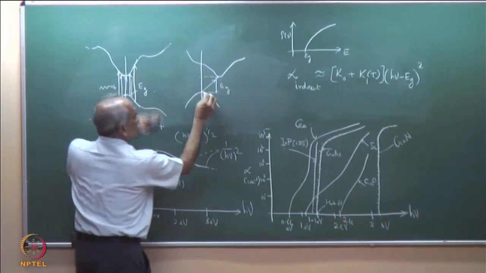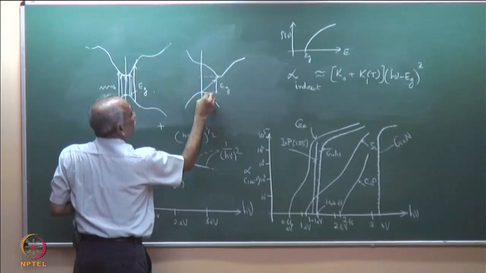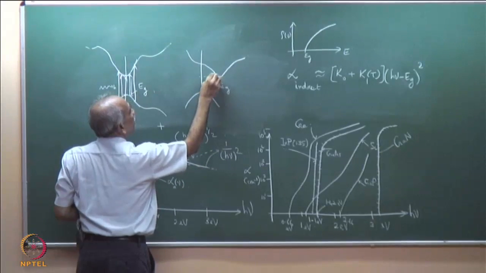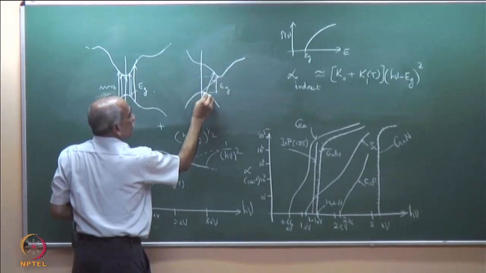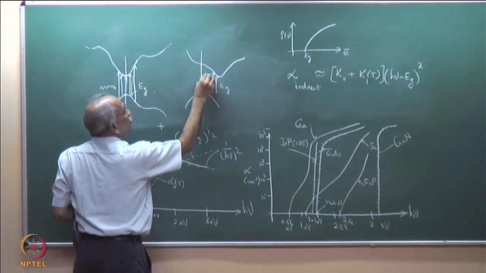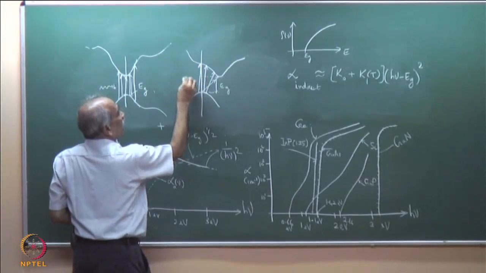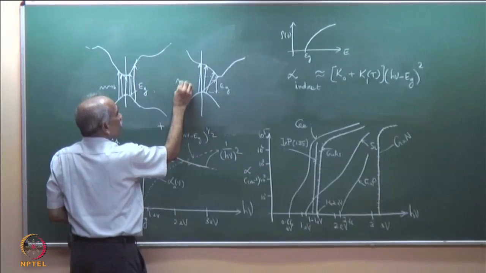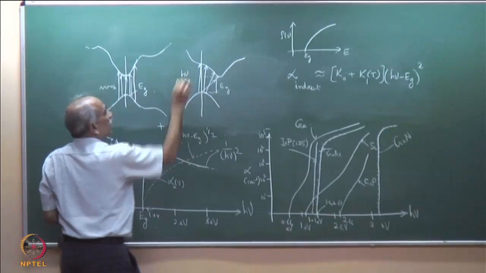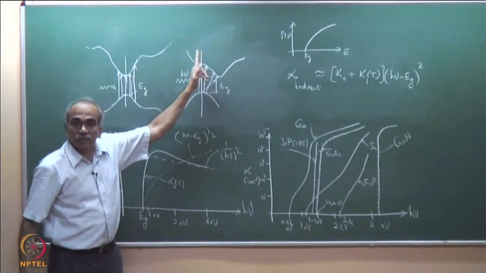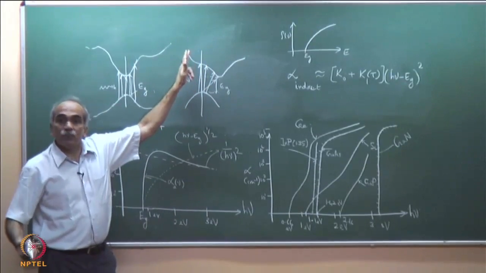However, as the energy increases, please see, if I have a slightly higher energy, then this may make a less oblique transition. If I have even higher energy, this will make almost vertical transitions. As h nu increases, as the energy of the photon increases, it can make vertical transitions, and that probability is very high.